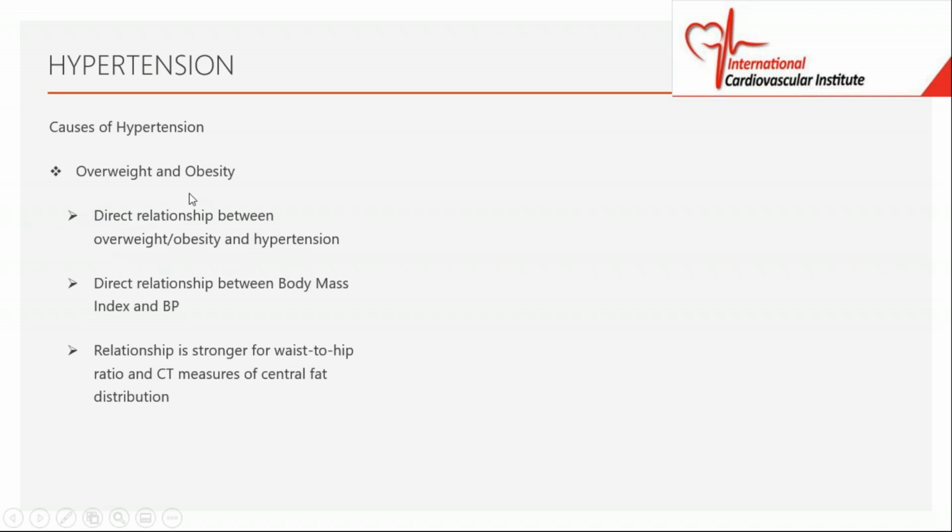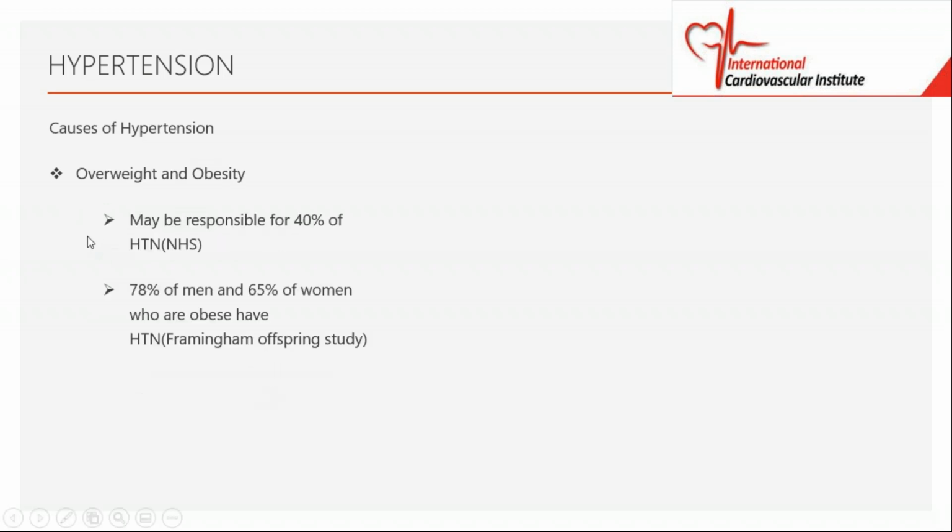We have recognized this for years. We know that body mass index and blood pressure have a direct correlation. However, there's a strong relationship to the waist to hip ratio, especially in males. And if you do your CT measures of central fat distribution, that also correlates with hypertension.